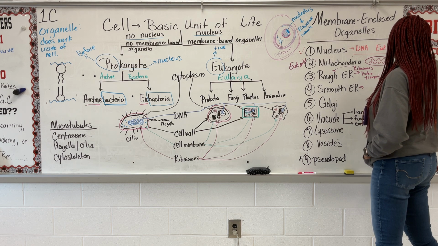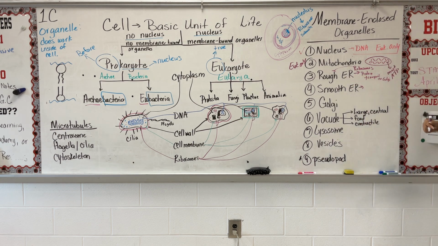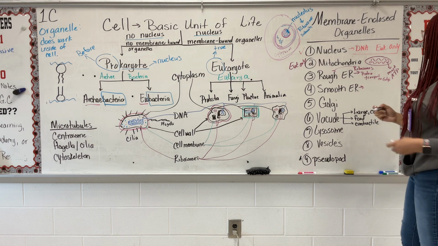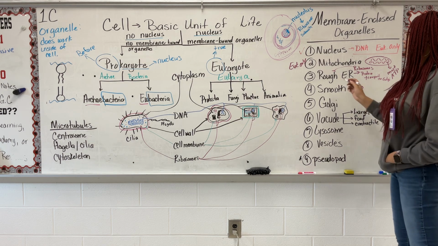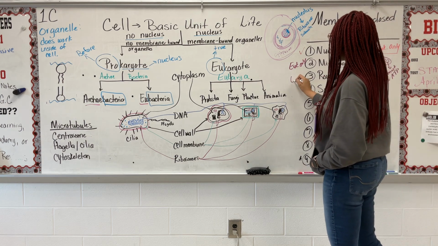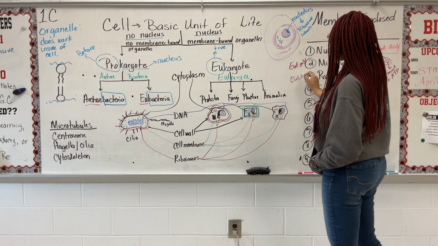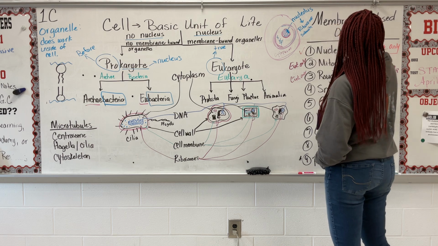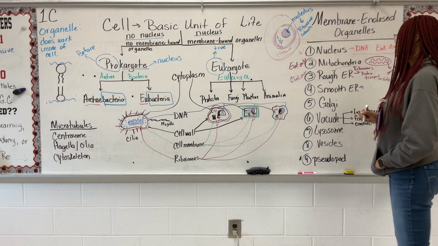Okay? So that's the job of rough ER. Proteins made on the rough ER are transported to the Golgi apparatus. Again, because it is membrane enclosed, this is going to be eukaryotes only. In fact, all of these membrane enclosed organelles are eukaryotes only.